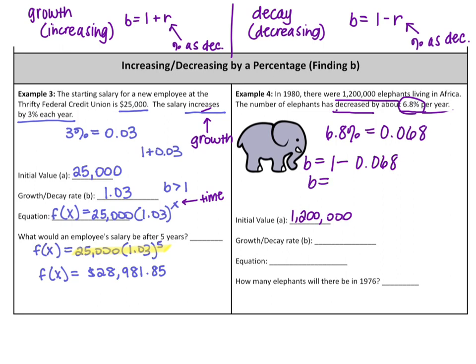That is going to give me a B value of 0.932, which is less than 1. So we know that it is going to be decay, which is why it's decreasing. And then I can go ahead and write my equation from there.